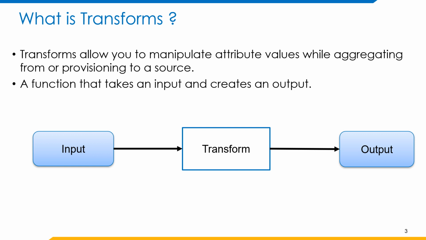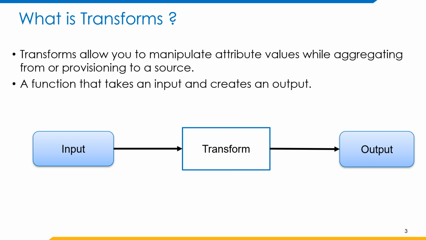Transforms are configurable objects that define an easy way to manipulate attribute data without requiring you to write code. Transforms are configurable building blocks with sets of inputs and outputs.